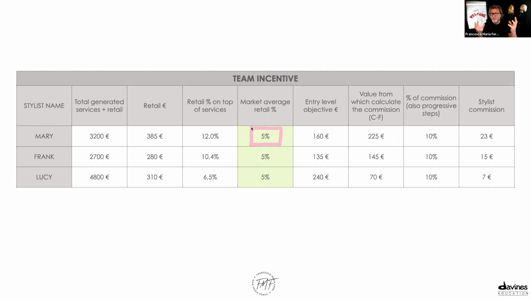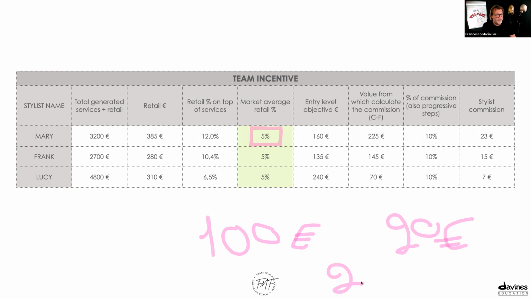So 100 euro is what I got in a day, right? And 20 were a retail product, a home care treatment. So basically 20% is my percentage of retail, right?